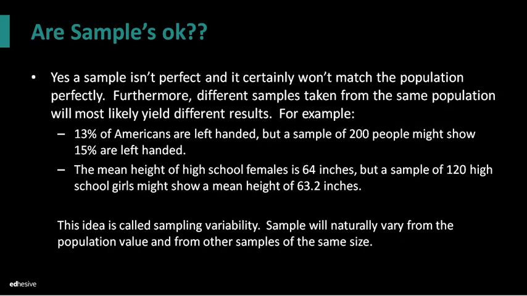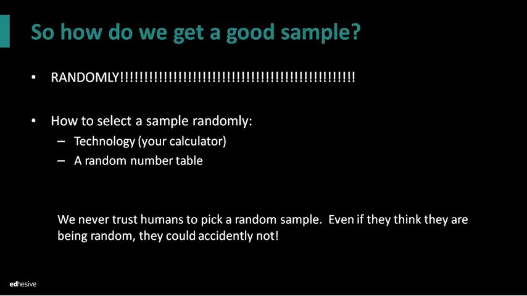This idea is called sampling variability. Samples will naturally vary from the population value and from other samples of the same size. So not only are no two samples the same, but no sample is going to reflect the exact same value taken from the entire population. This is not a bad thing. In fact, this is something that we expect. We just give it a name: sampling variability.